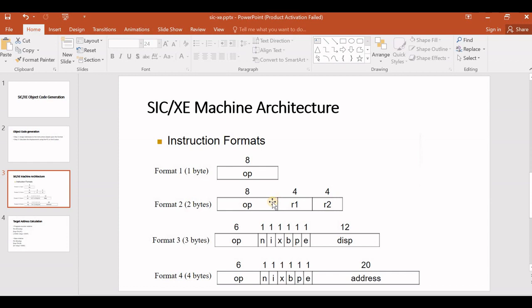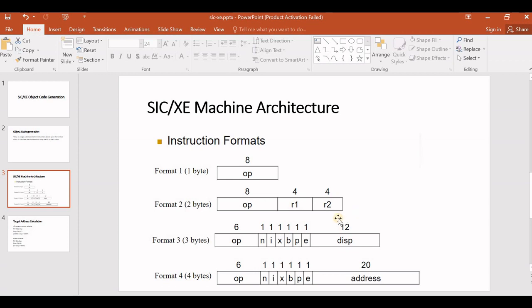That is, out of 2 bytes, 16 bits, 8 bits for the opcode, 4 bits for the first operand, which is a register, and the remaining 4 bits for the second operand, which is also a register. So how do you identify an instruction which is in format 2? The instruction will have an opcode followed by 2 operands and both the operands must be registers.